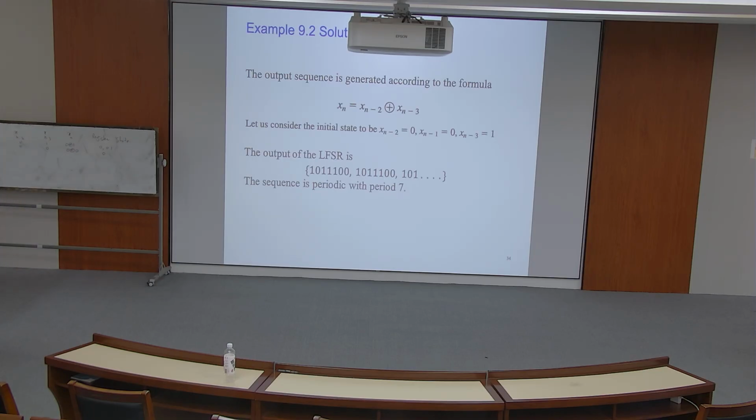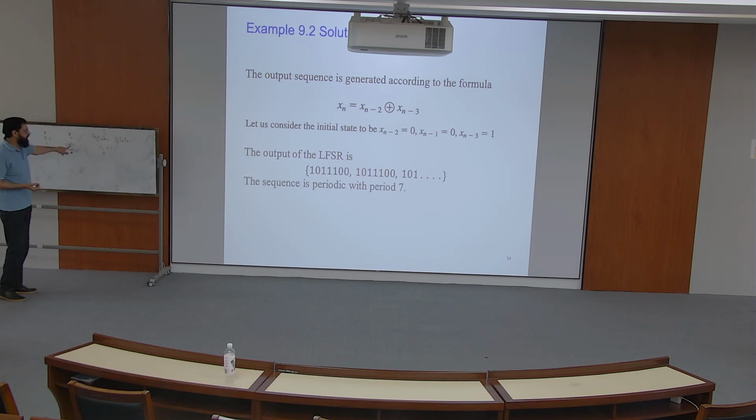You have the initial states here. The initial states are given, right? X of n minus 1 is 0, X of n minus 2 is 0, and X of n minus 3 is 1.